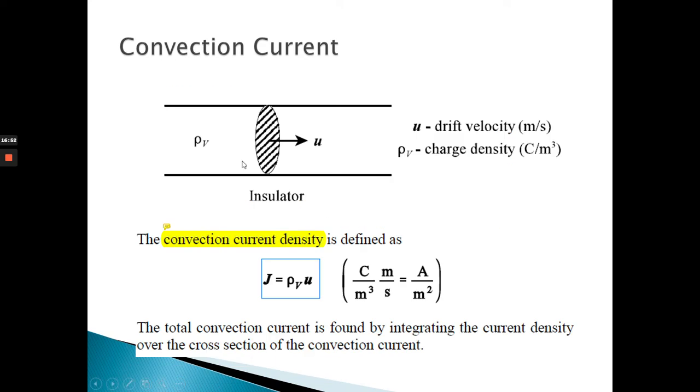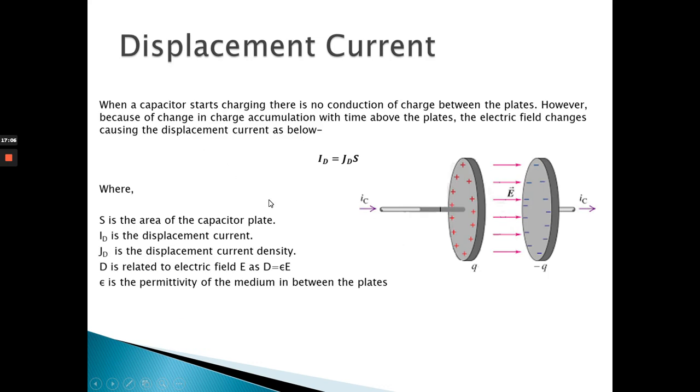Now as I told you, I will not touch that much on convection and displacement current. So let's go to the displacement current. Here it is mostly the same. Let's talk about a capacitor. If you apply a voltage, say negative to positive, all the positive charge will tend to accumulate on one plate, and in the opposite manner all the negative charge will accumulate on the other.